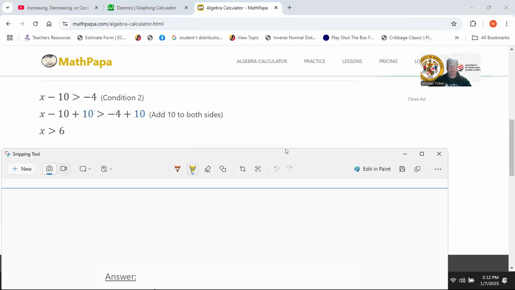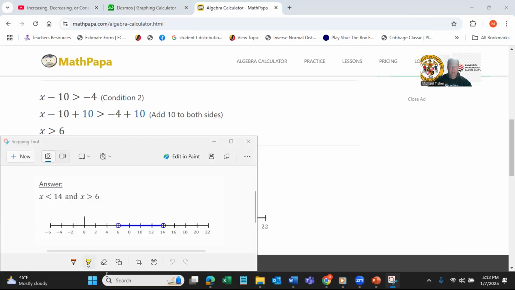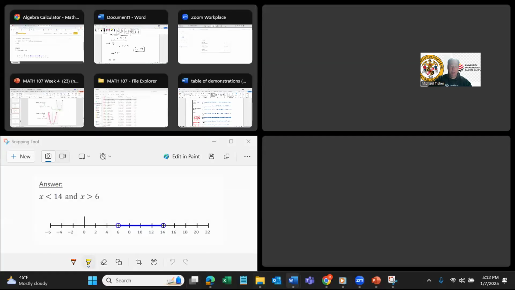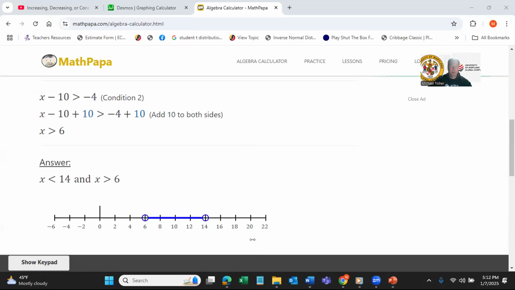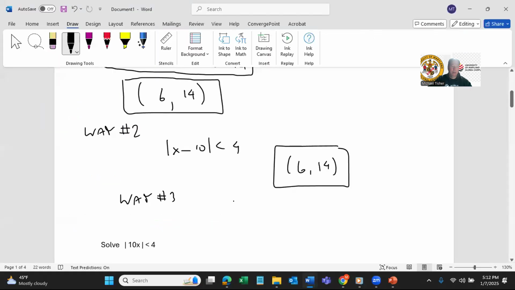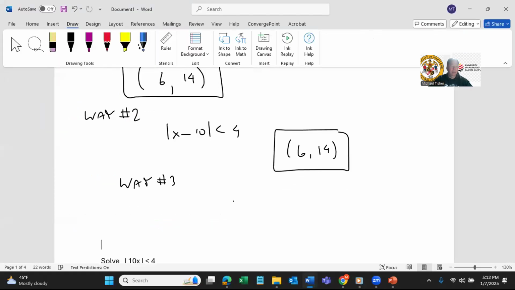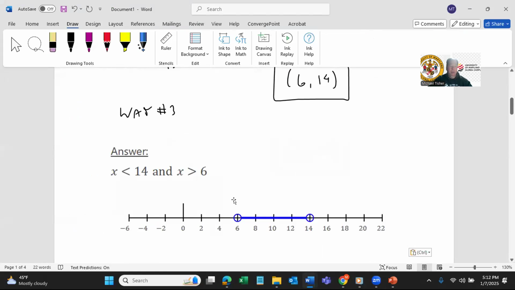And feel free to go to mathpapa.com and enter in the inequality just like it is and see how it works it for yourself. And here it is again, 6 comma 14. All right, now let's do another one.